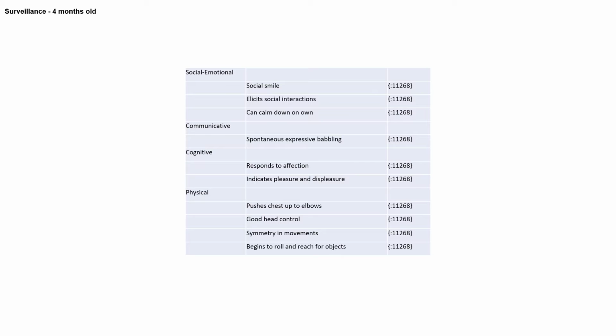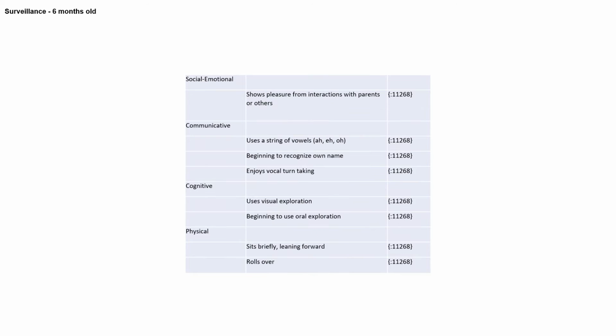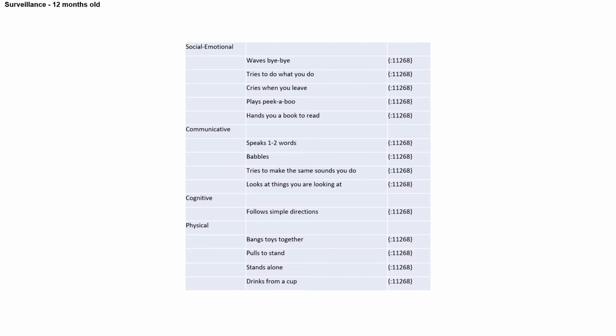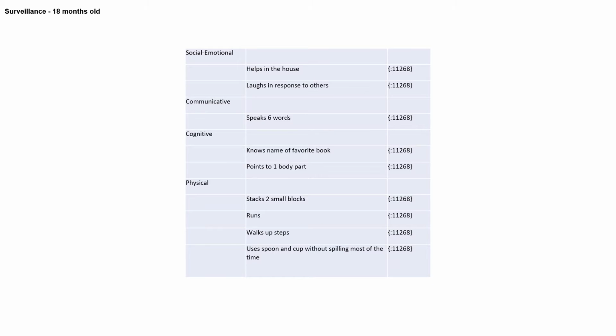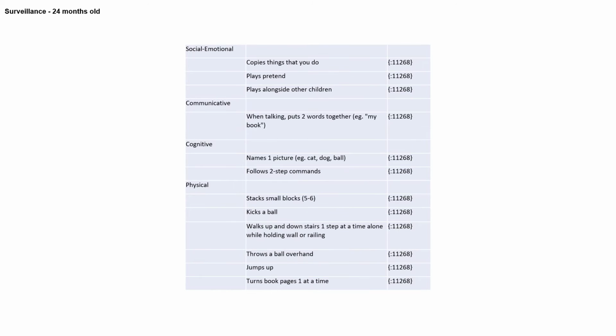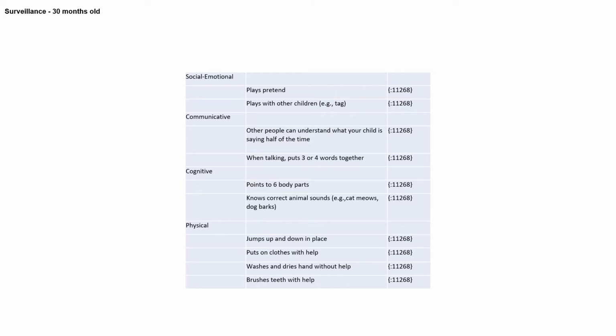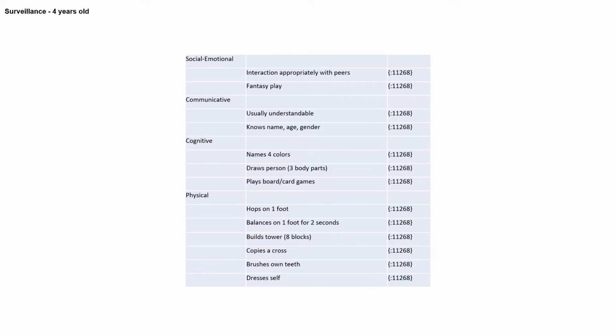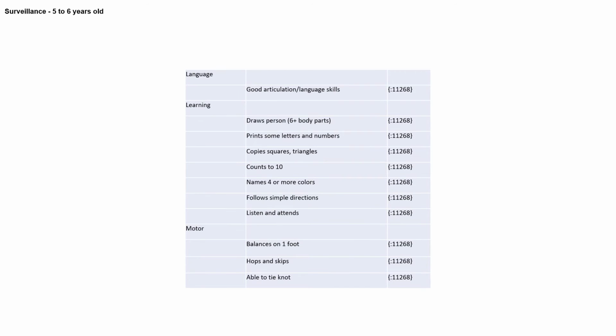This is for 4-month-olds, as you can see, 6-month-olds, 9-month-olds, 12 months, 15 months, 18 months, 24 months, 30 months if you need to do a 30-month office visit, and then a 3-year-old visit, 4-year-old visit, and 5 to 6-year-old visit. This is their kindergarten visit.